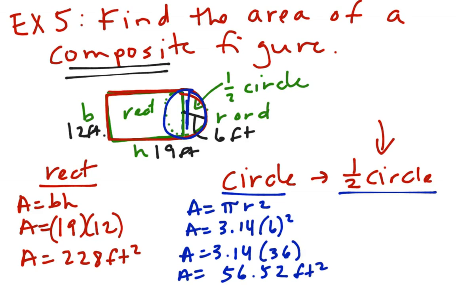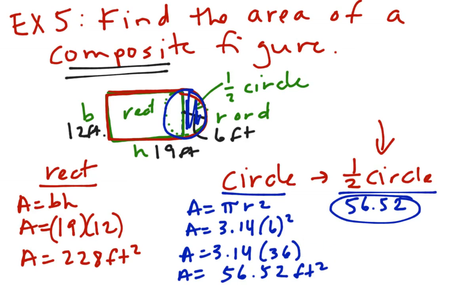I only want half. So 56.52 divided by 2. Oh, I'm wrong. I looked at the book for my answer instead of grabbing a calculator. This has already been divided by 2. So 56.52 is the half circle area, because they have written in the book a 1/2. They did it in one step. They did 1/2 the area of the circle.